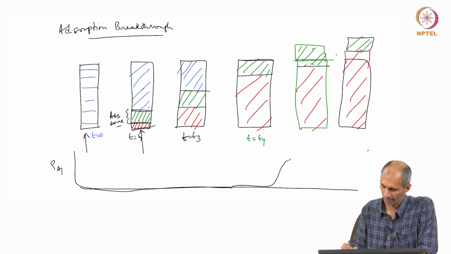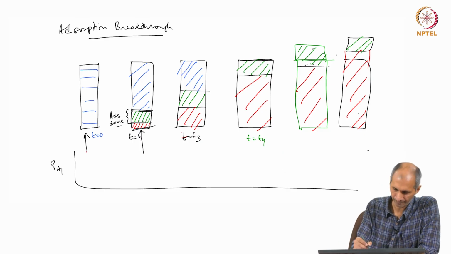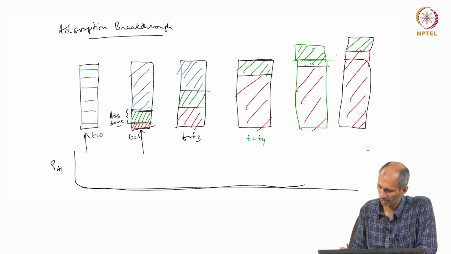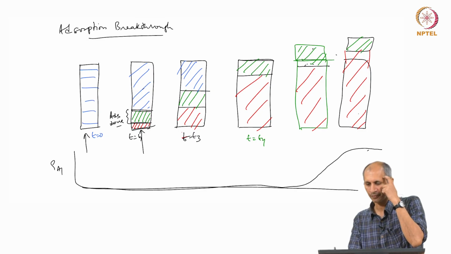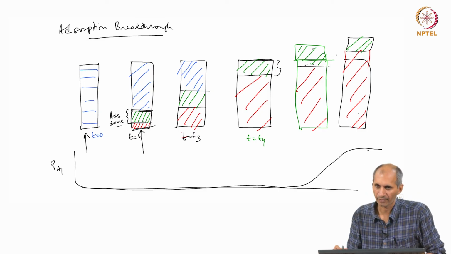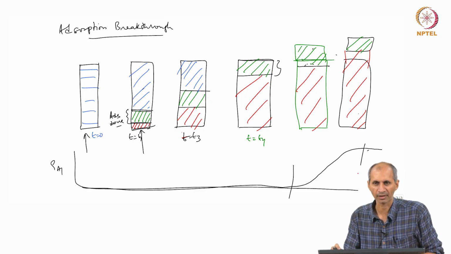So, at that point you will see that it starts creeping up and by this time it has gone to the exhaustion. So, this distance is represented in terms of this curvature here.